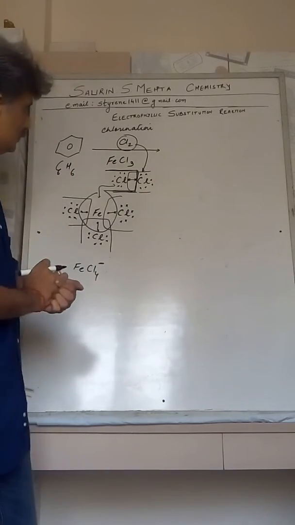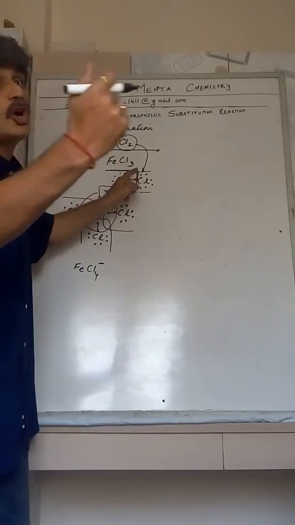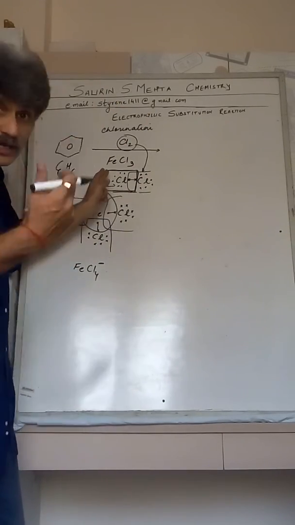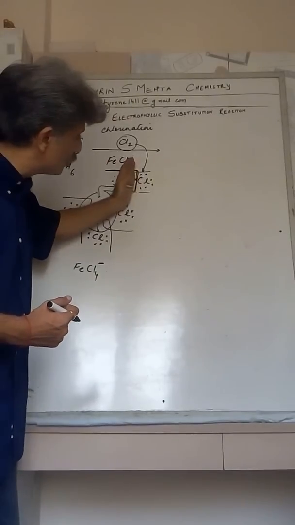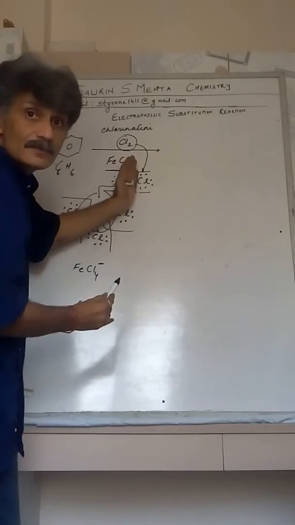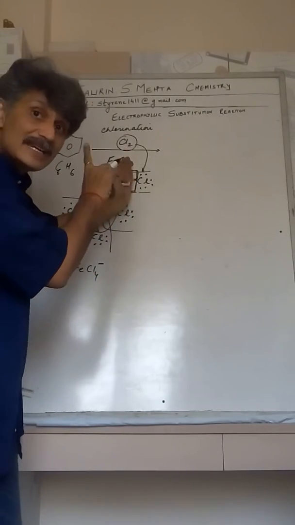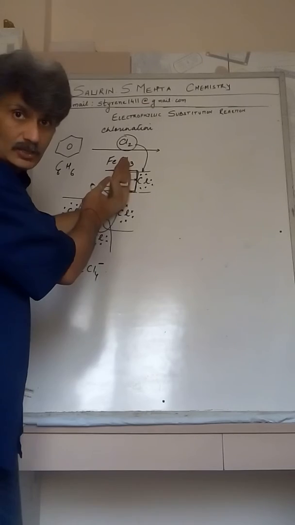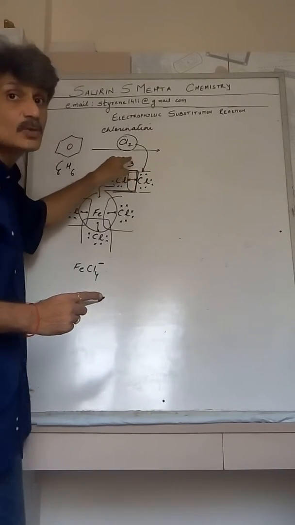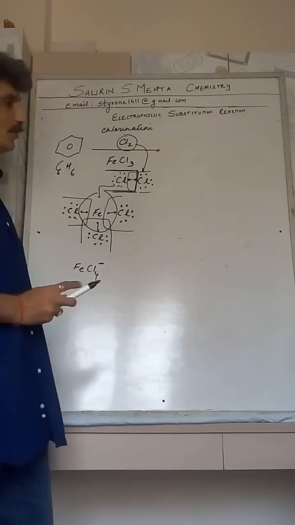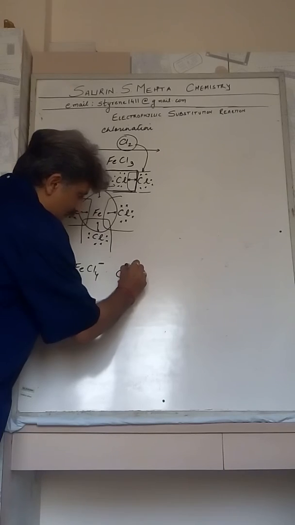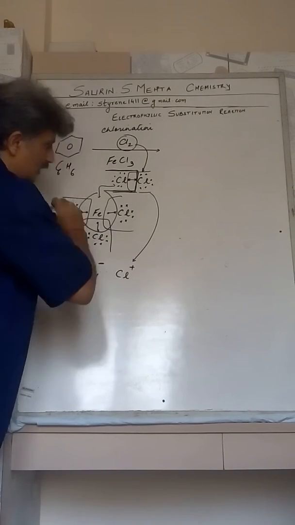On the other hand, the bonded chlorine has lost its electron to its neighboring chlorine atom. And so this chlorine is now, you can see, having 1, 2, 3, 4, 5 and 6 electrons. Earlier it had 7, where it had shared 1 electron. That's taken away by this chlorine atom, and so it has got only 6 valence electrons. So now this Cl is lacking electron, and that I am showing over here with a plus sign.